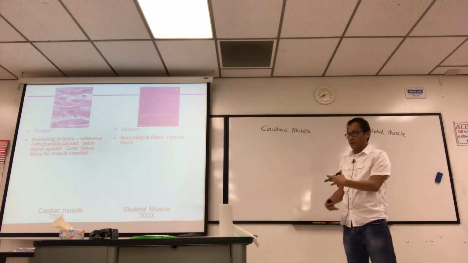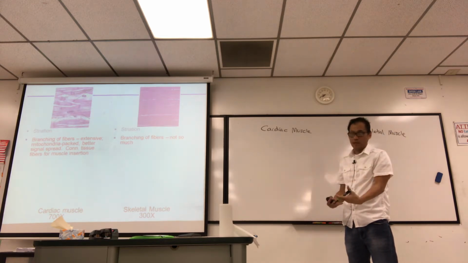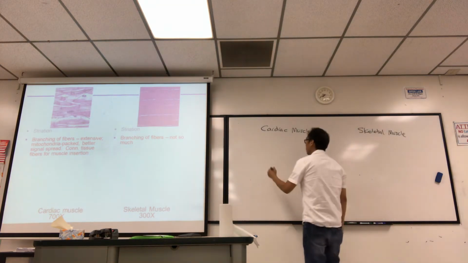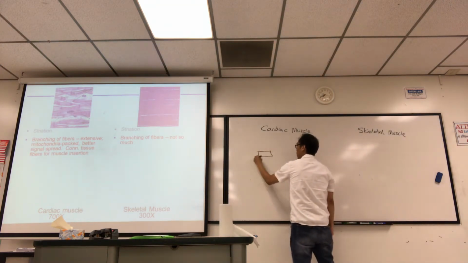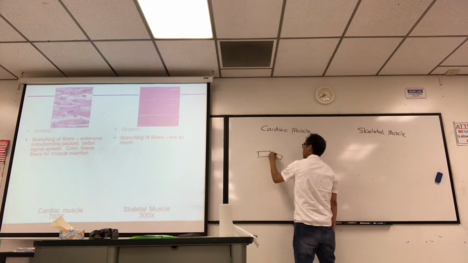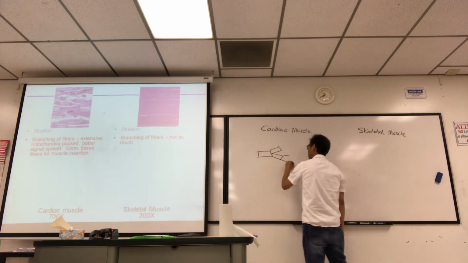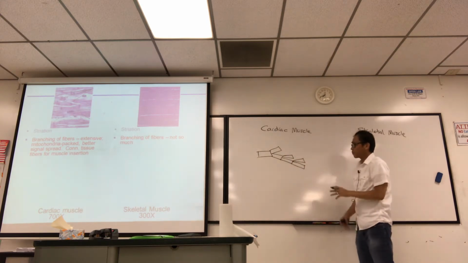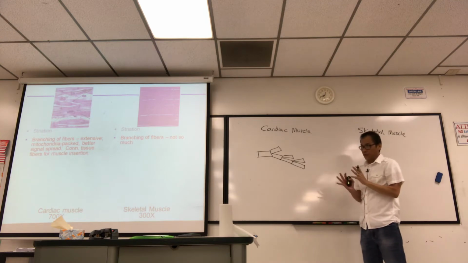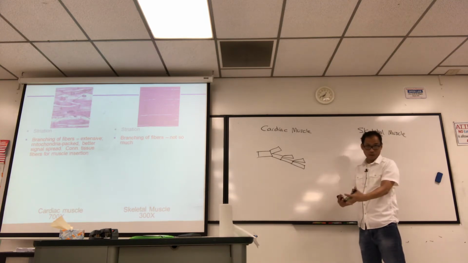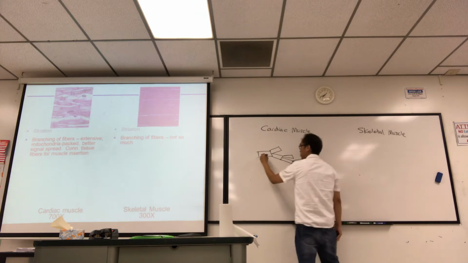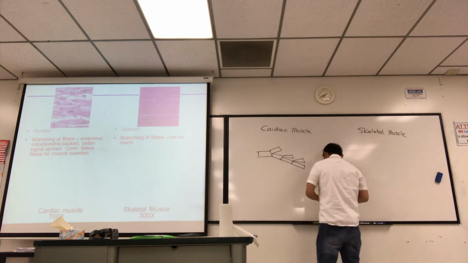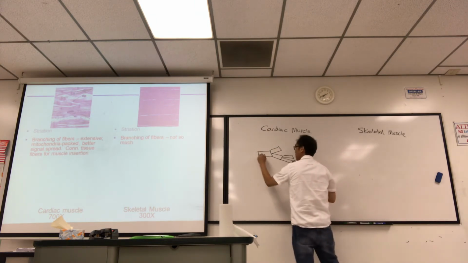There's a lot of branching of the cardiac muscle cells. Let's say you have a cell, and it branches, and this branches, and then that branches again, and you get all these branchings. And the reason why that's important for the heart muscle is if the signal is going to spread through the whole heart, say you get an action potential here in this cell, maybe it's in the SA node.